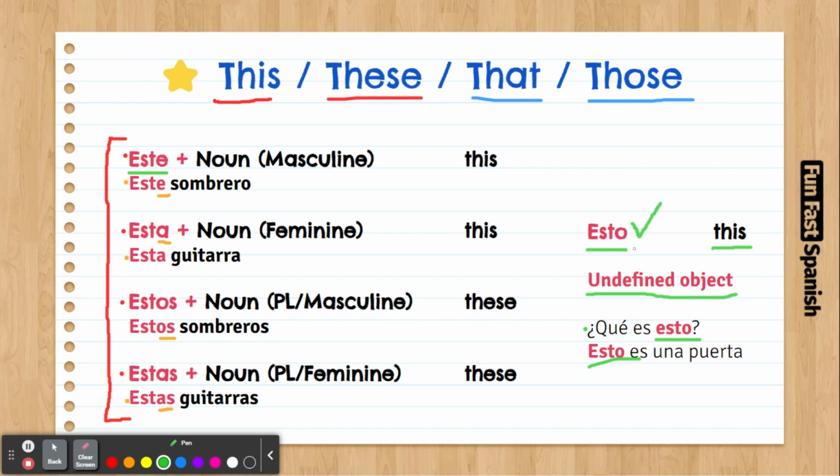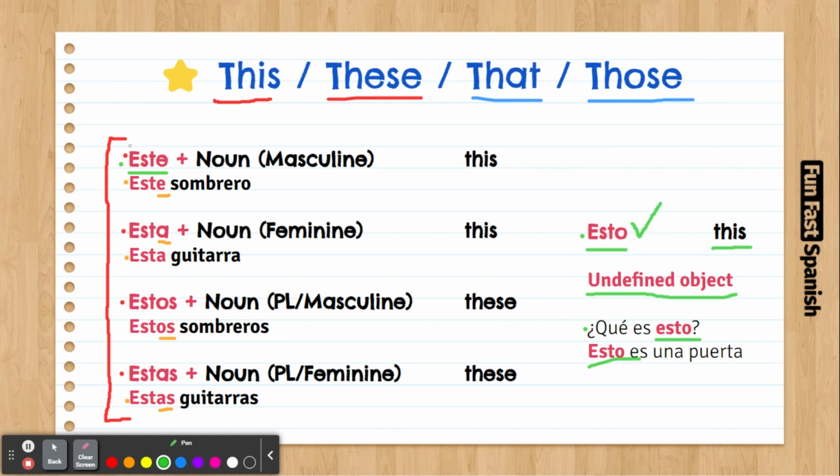So "I don't like this" would be no me gusta esto. It could be an attitude or a situation or anything that you're referring to as something that happened. That's pretty much the difference between esto and este. And when you know the thing, you can use este.